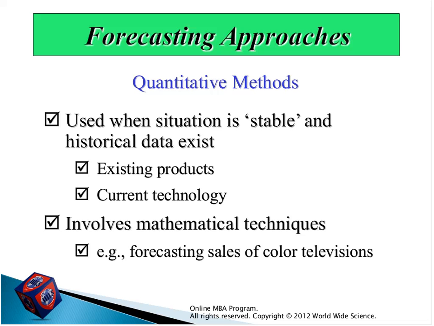This method involves mathematical techniques. For example, you are producing color television. You want to forecast demand for 2 months later, next month, 3 months later, to plan for production process.